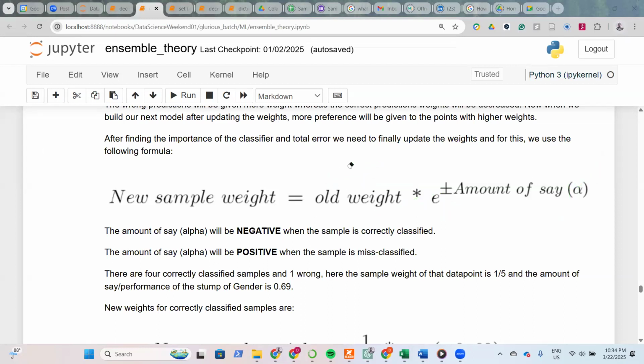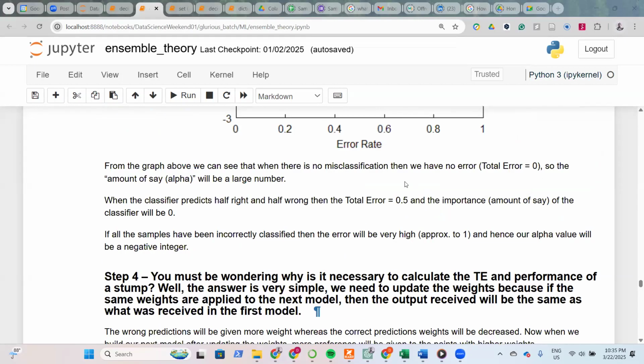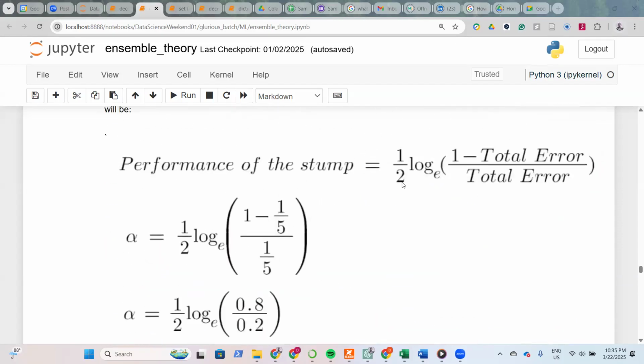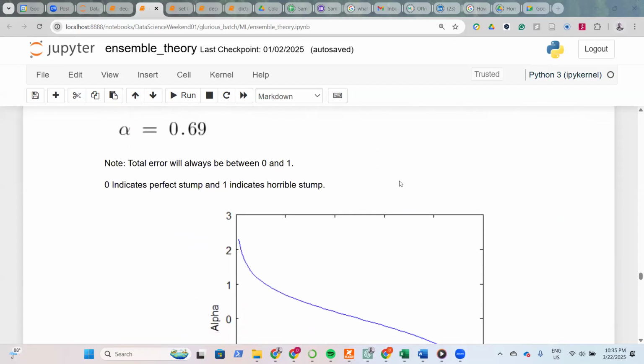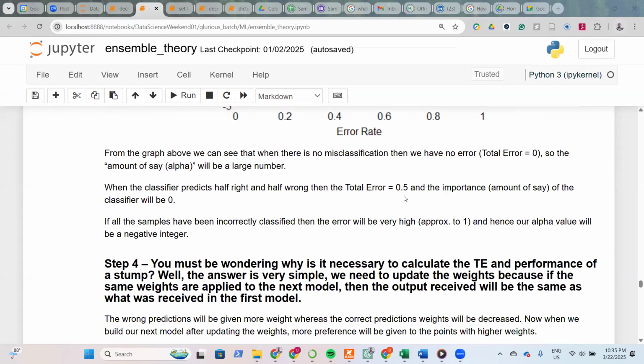This is what they call the amount of say, or amount of influence. And we are going to see how this amount of say is important in the work that we're going to be doing. So again, we don't know how to calculate this. Prof, what is the definition of say? Again, it's like influence.